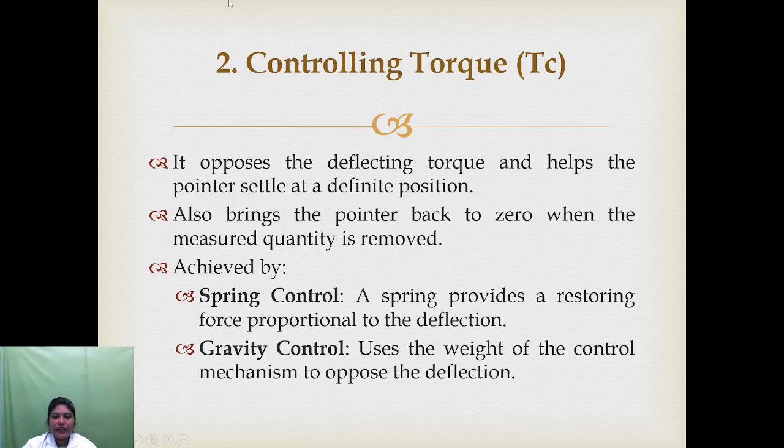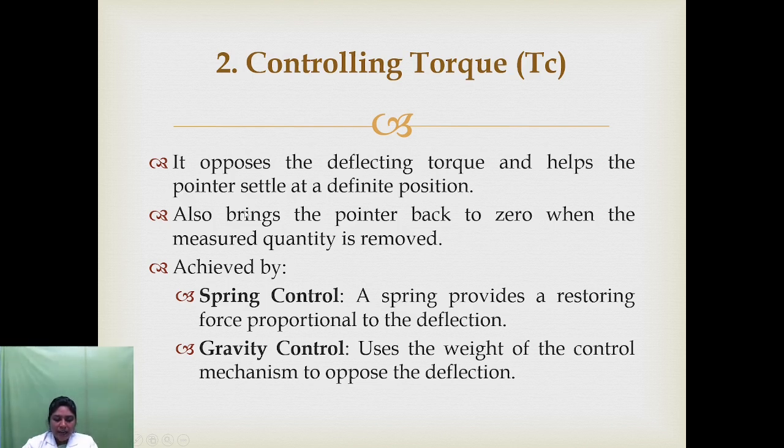First is the deflecting torque, and second is the controlling system, which produces the controlling torque. So what is controlling torque? It opposes the deflecting torque and helps the pointer to settle at a definite position. It also needs to bring the pointer back to zero when the measured quantity is removed.